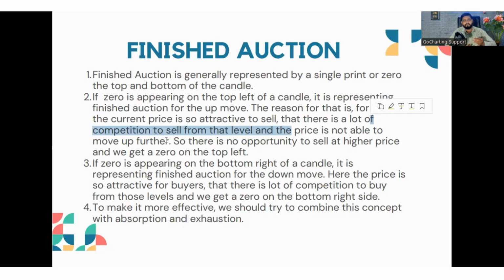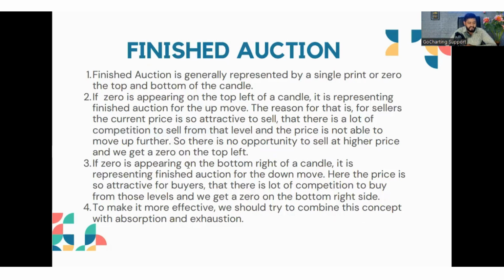So if everybody is selling at current prices, there is no selling left at the higher prices. Because of that, we understand that there is so much selling activity that the market should go down and the auction on the top side has ended. So that is why we say that this is a finished auction for the up move.